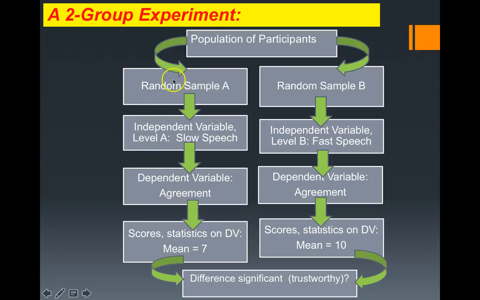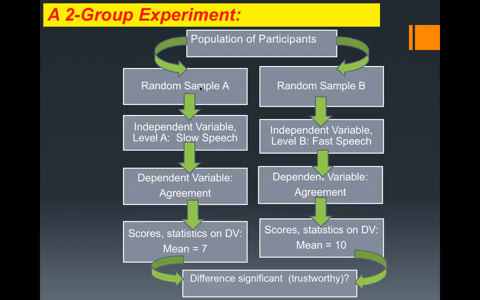Then we ran the study. Participants in this group basically listened to a speech. Remember, the example was advocating mandatory senior comprehensive exams in order to graduate from our college.